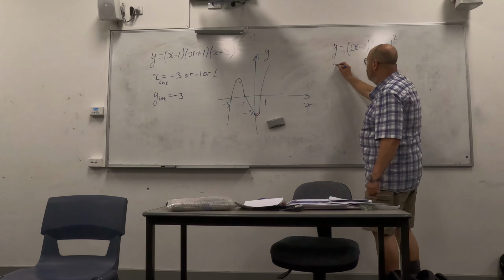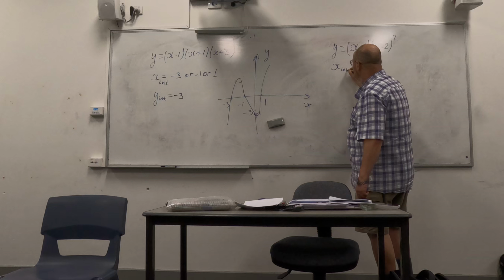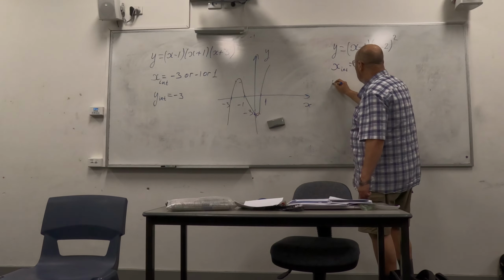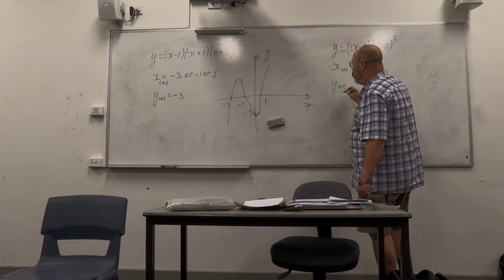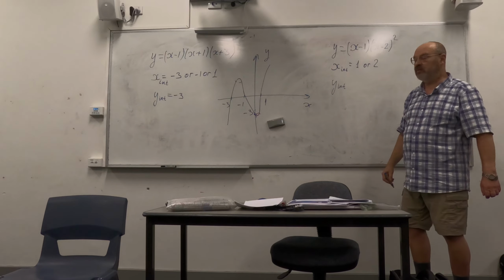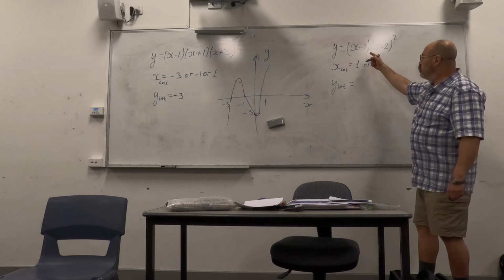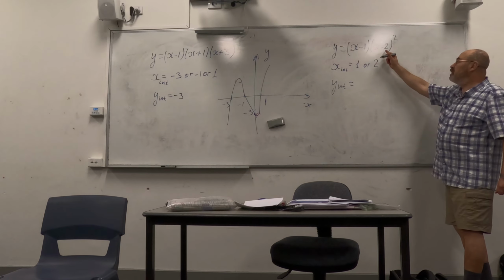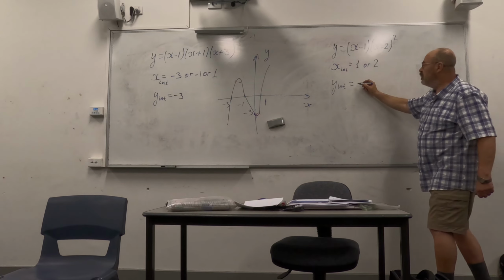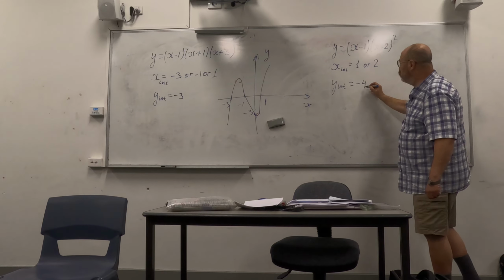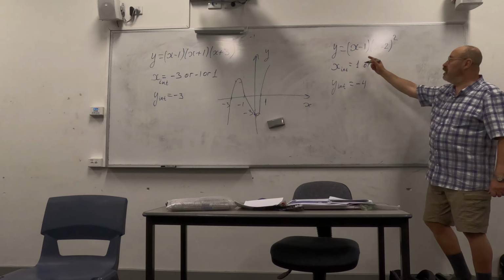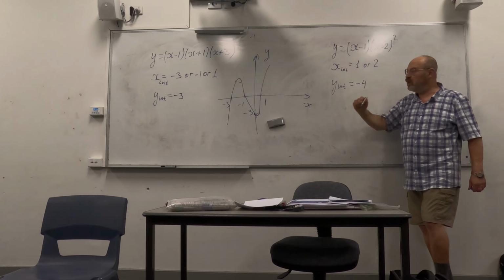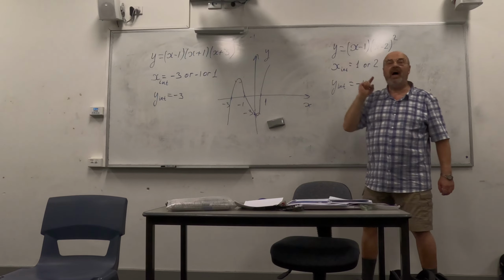Only 2: x equals 1 or 2. A cubic will always have one y-intercept. Substitute 0, we get -1 times 4, so the y-intercept is -4. The shape is again the same, because the cubic term is positive.